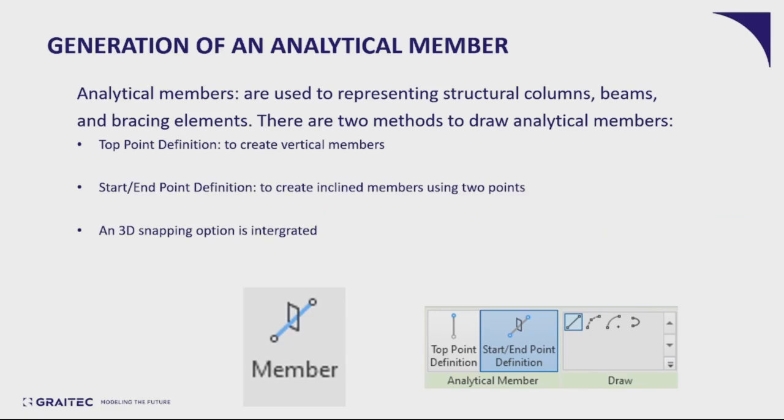So, selecting all those options that exist in Revit, you can create an analytical member using the start-end point definition or the top point definition. And then you can use the different geometrical features such as the line, the arc, or the circle to draw this element.